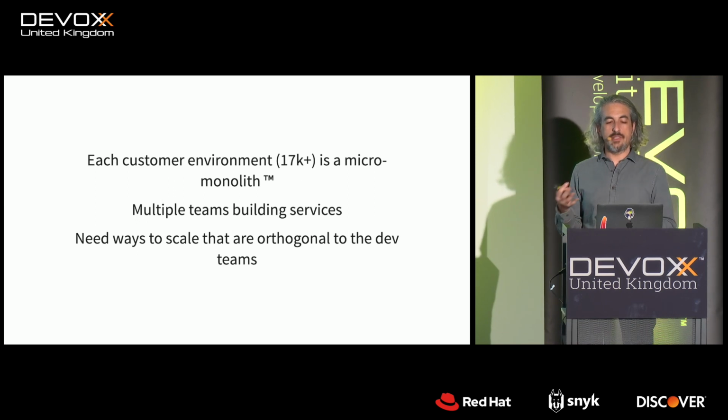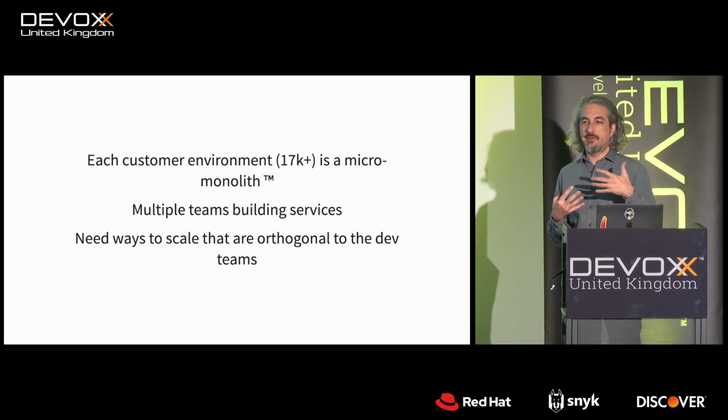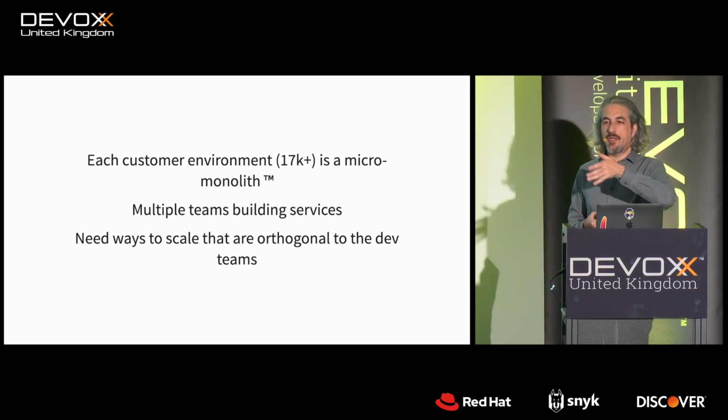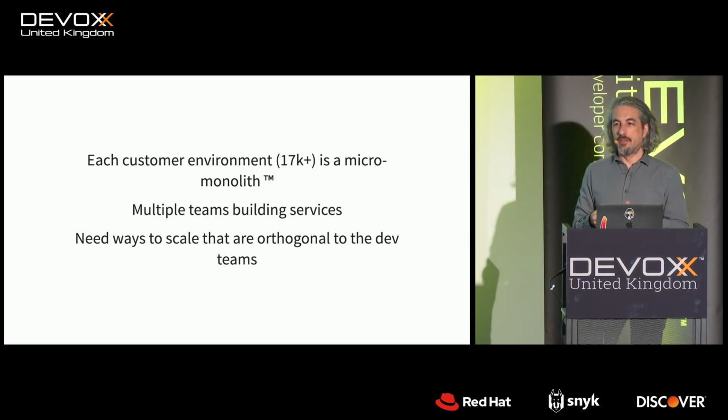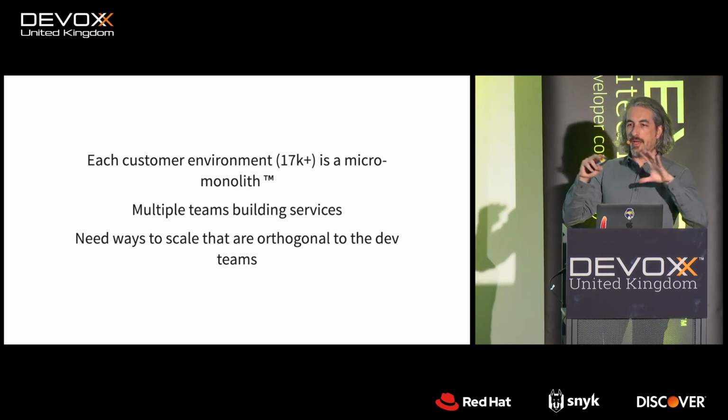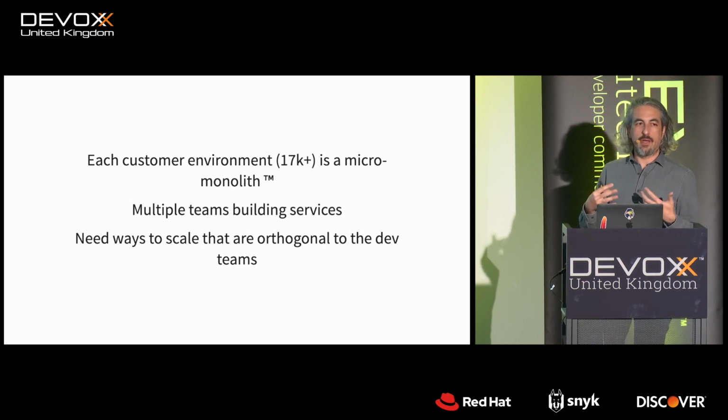We have multiple teams building services, so we need ways to scale and optimize resources that don't involve going to each team and saying, okay, you need to do this, you need to do that. So we look at the whole thing and how we can dynamically improve things without having to go to each of them.